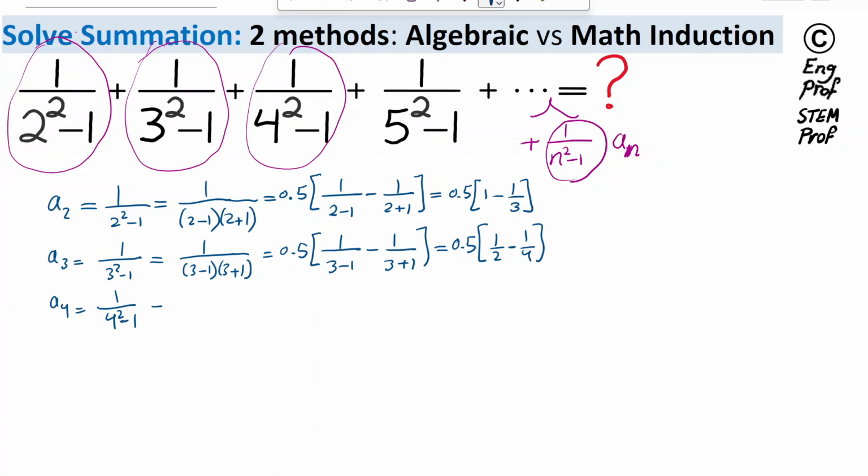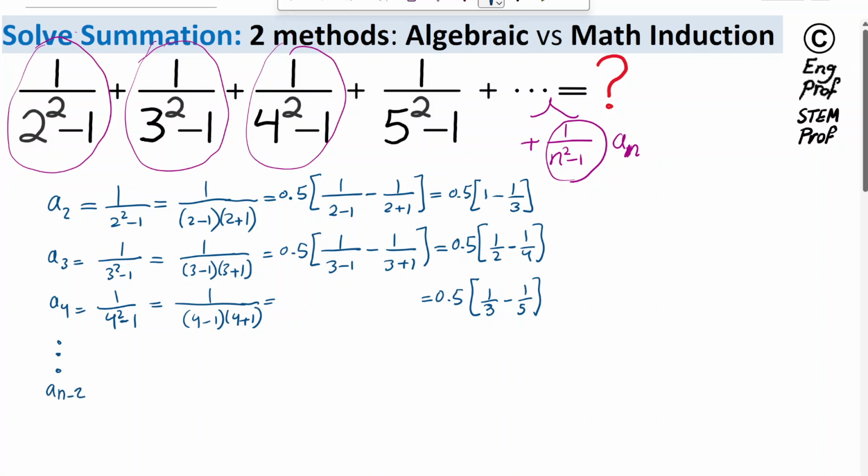So a4, 4 squared minus 1, with the same logic and reasoning can be written in the form of, I'm going to quickly write it here, 0.5 times 1 over 3 minus 1 over 5.